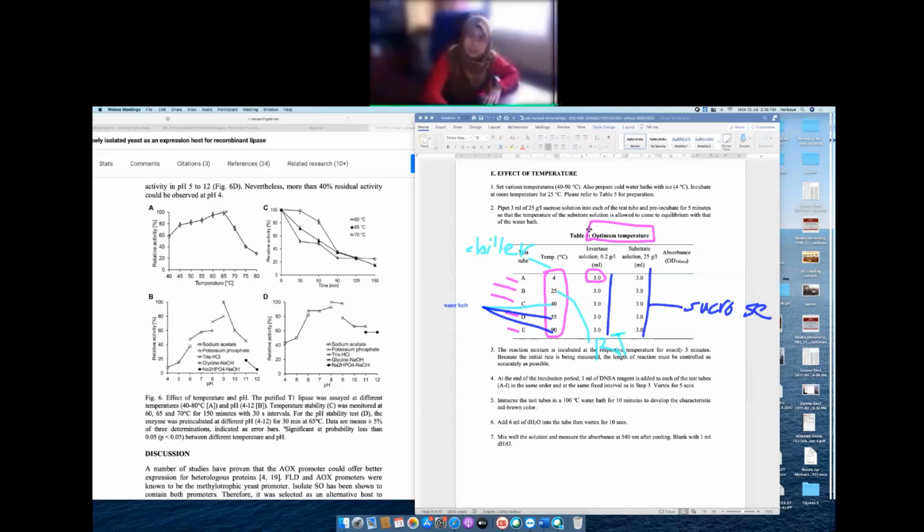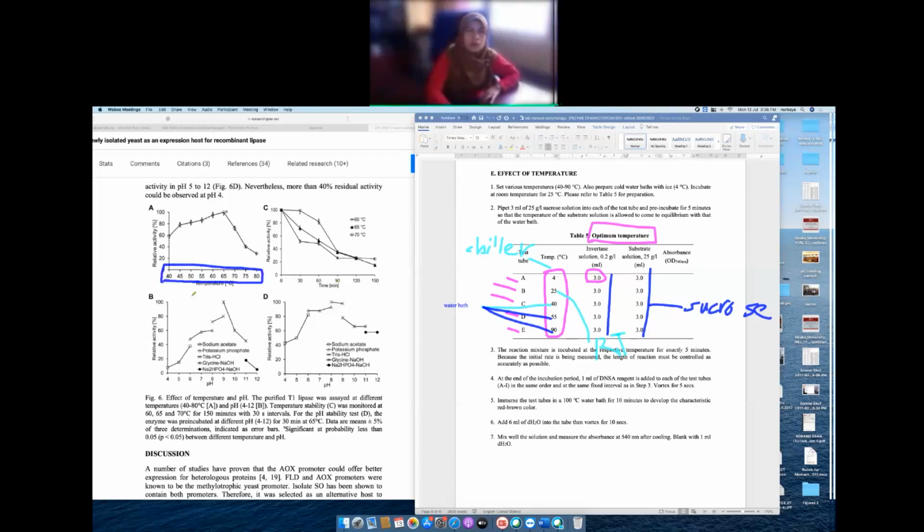This is what optimum temperature is all about. We want to find the highest activity for the enzyme, and at which temperature. If you look at this paper, they selected temperatures from 40 until 80 degrees.